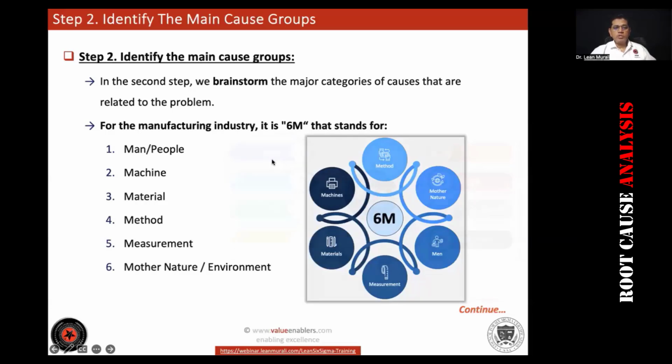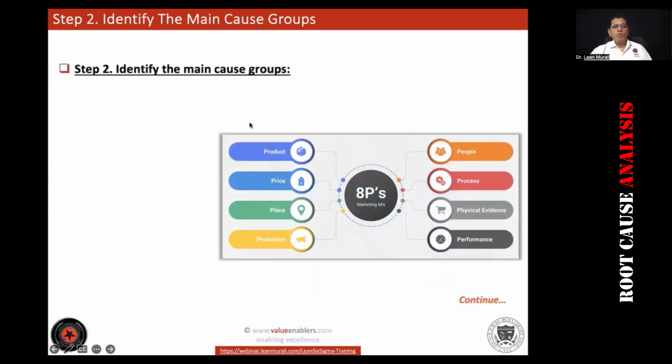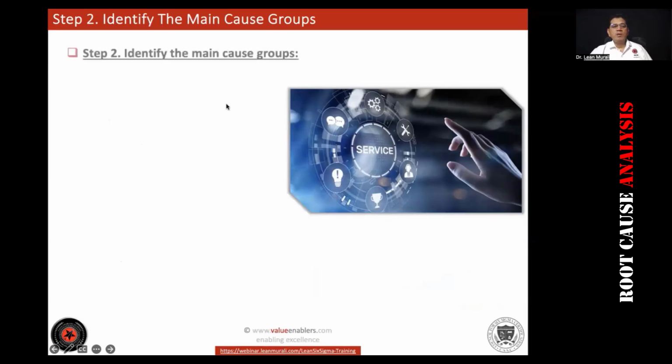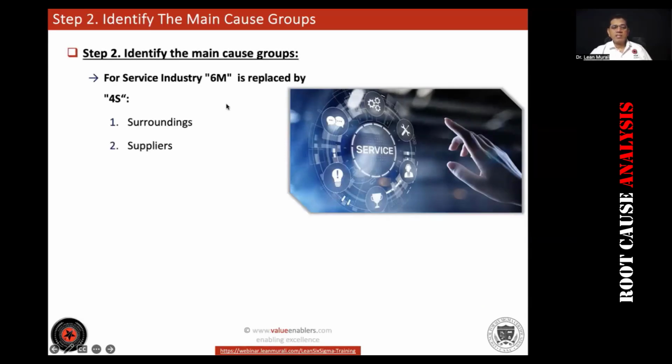Let us use this and try to see. We also say that in marketing industry, it was replaced with product, price, promotions, process, people, and physical evidence and performance. So in service industry, we said it can be under surrounding, suppliers, systems, and skill.